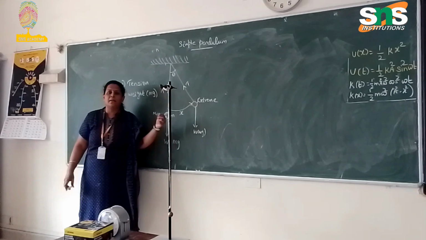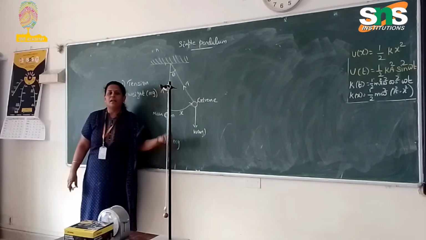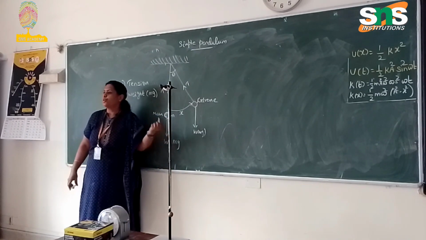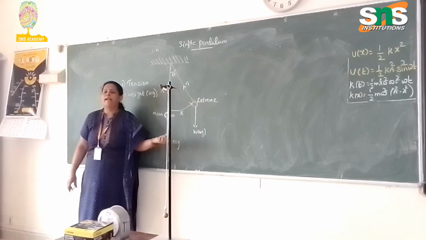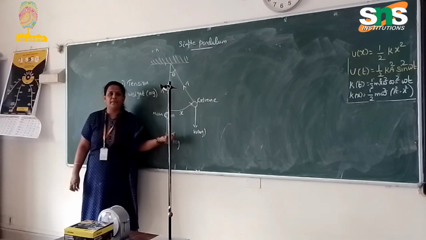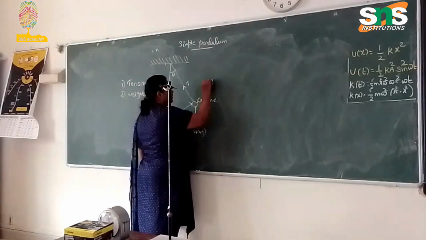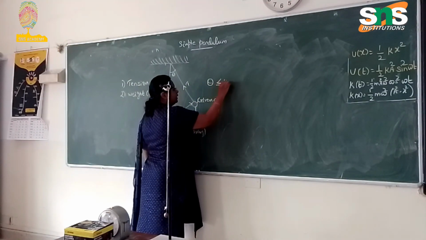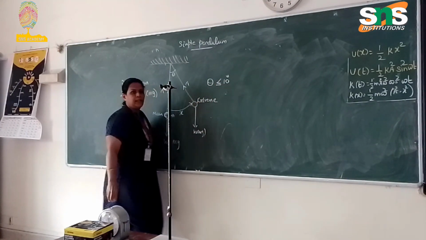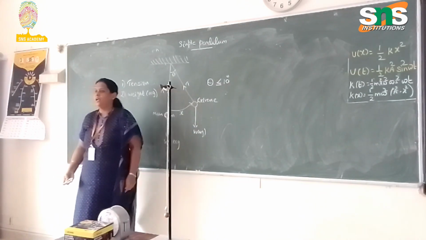So here comes an important point. The value of theta should not exceed 10 degree. Theta should be lesser than or equal to 10 degree. Why? Any idea?